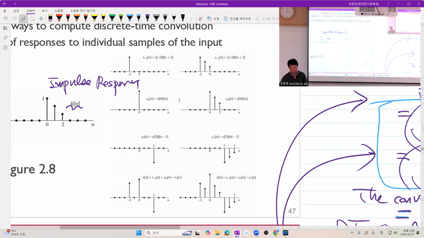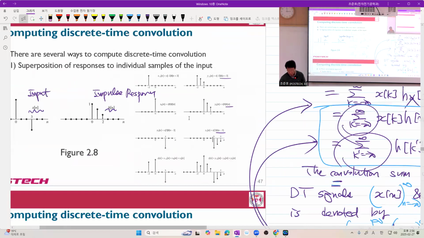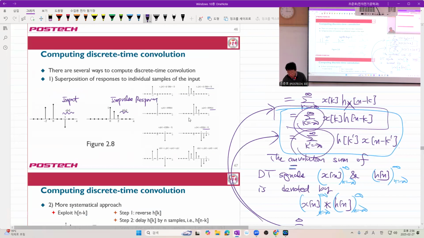Okay. So as you see, here are the impulse responses delayed. We used this definition. Let's decompose X as what?